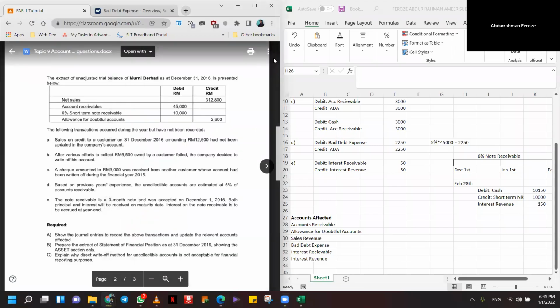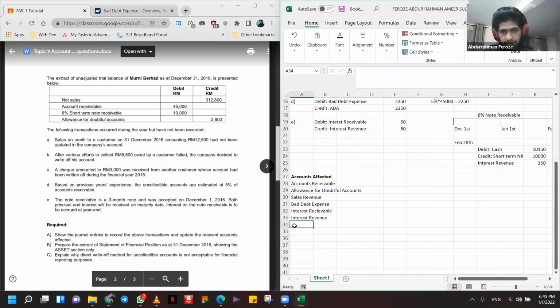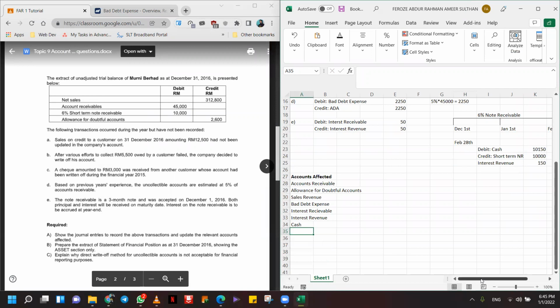Can you see my screen? You can see my screen, right? Yes. All right. So these are the accounts that are affected. And now we'll make a T account to help deal with them.